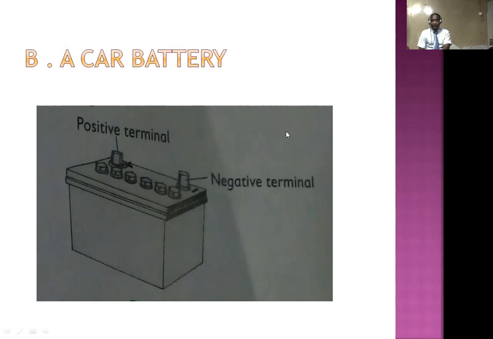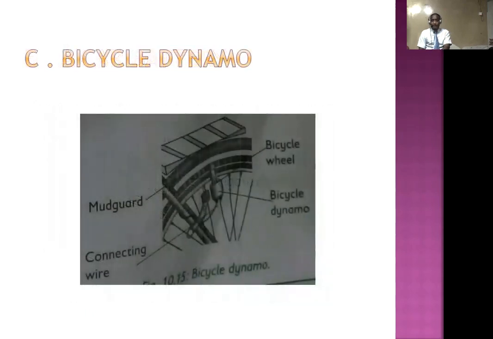Next, pupils, we move to the bicycle dynamo. Pupils, a bicycle dynamo is a small electric generator attached to the hind wheel of a bicycle. It is mainly used to light the bicycle lamp at night.